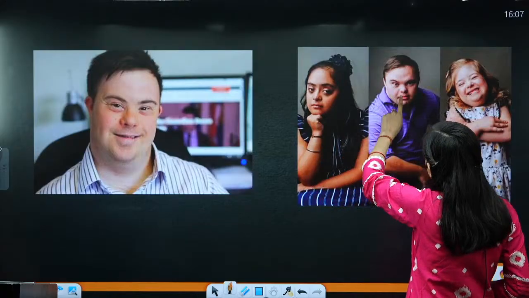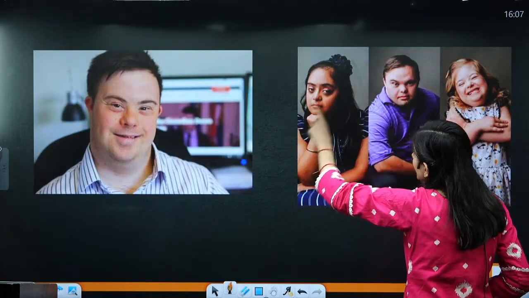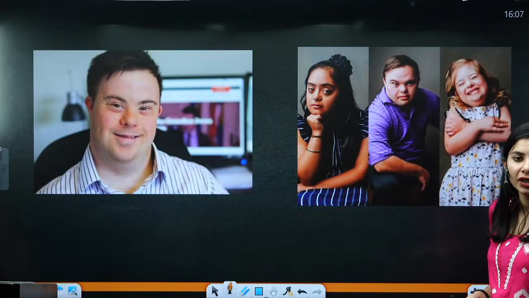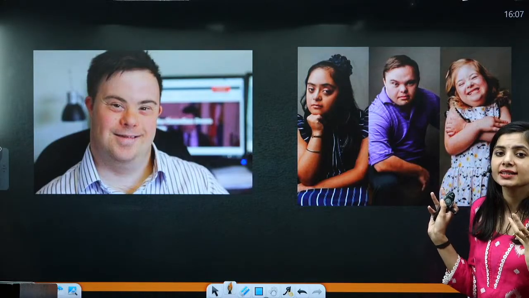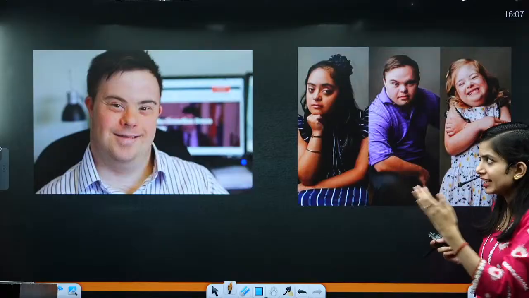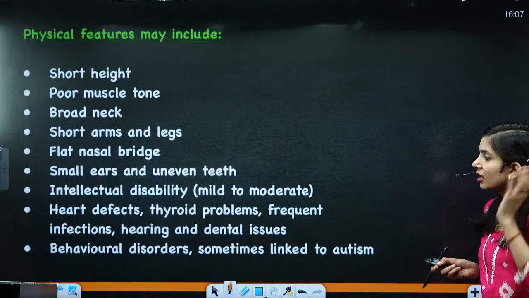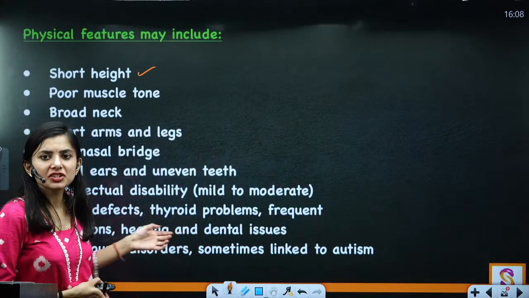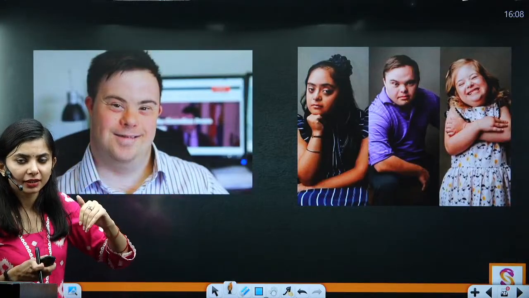This person is different, that person is different, but based upon their facial features you can see some similarity in basic structure. That's why it is called Mongolism. Now let's understand their features. They have a short height, which you can see from this picture itself.